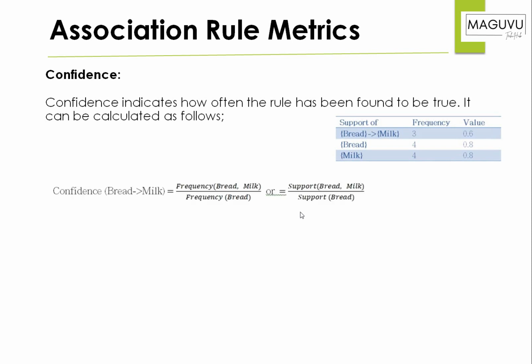We could calculate confidence of bread to milk as the frequency of bread and milk over the frequency of bread. So we are basically saying, okay, we need to find the confidence of this rule where bread drives milk, and we then divide that by how often the left side, or the antecedent, occurs in the whole data set, right?